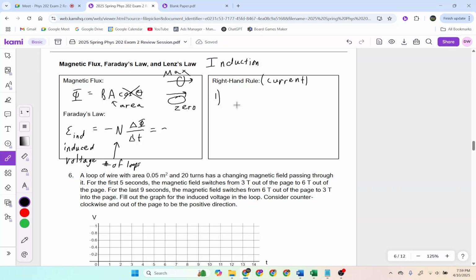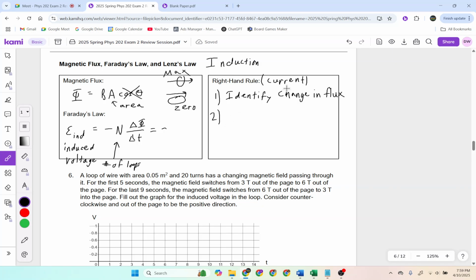Step 1, and by the way, the first 2 steps do not use your hand, so it's only step 3 that uses your hand. Step 1, identify change in flux. The flux is either going to be getting bigger or smaller. It's your job to tell me which one.